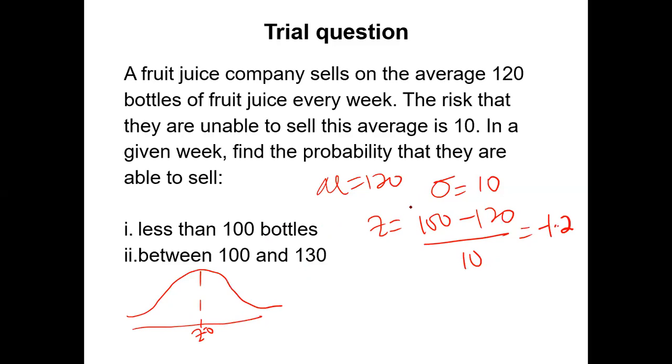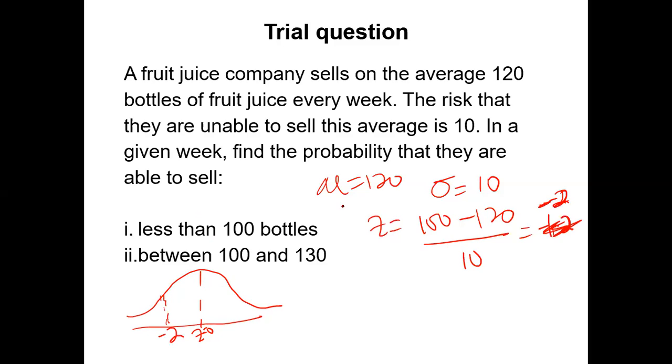Oh, sorry, 100 minus 120 is actually negative 20 over 10. So this is supposed to be negative 2, sorry. So negative 2. Okay, negative 2 is essentially to the left of the z-score of 0, because negative is to the left-hand side of 0. So we have negative 2 here.